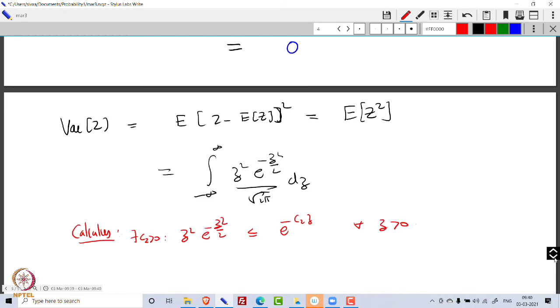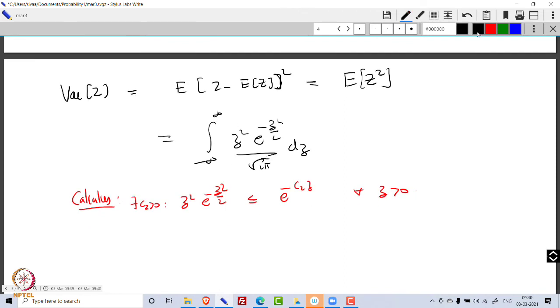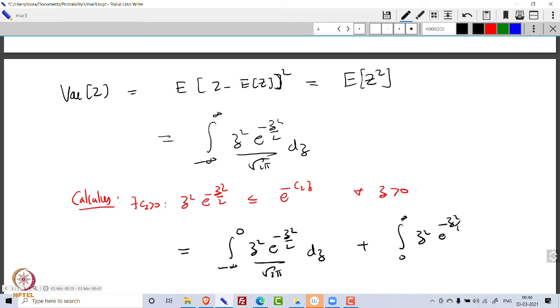So now again, since it's a non-negative integral, I can split it up any way I want. So I have minus infinity to 0 of z squared e to the minus z squared by 2 over root 2 pi dz, plus 0 to infinity of z squared e to the minus z squared by 2 over root 2 pi dz.